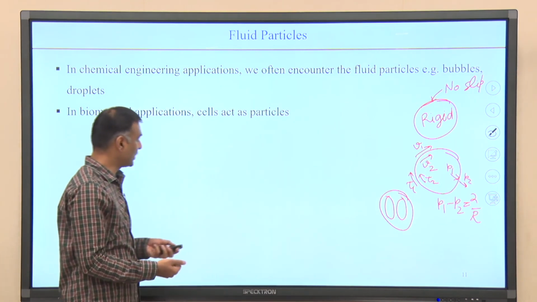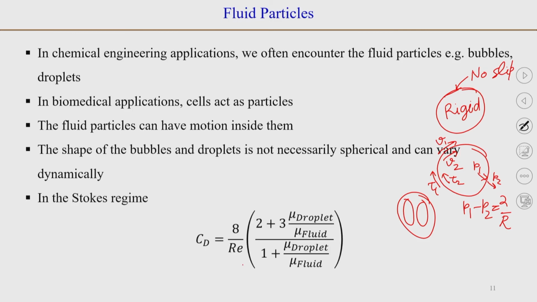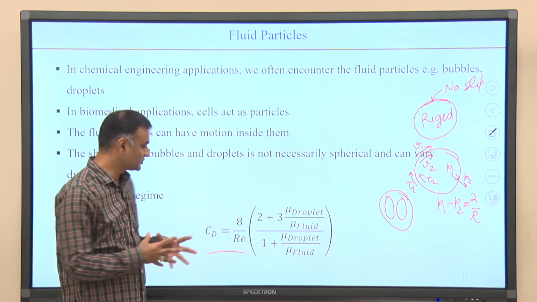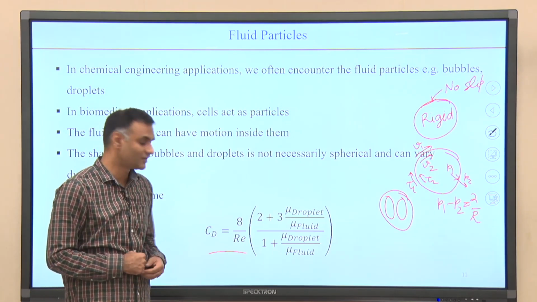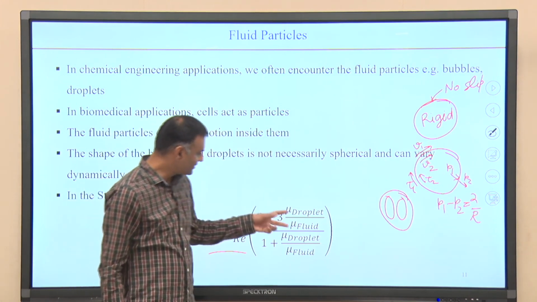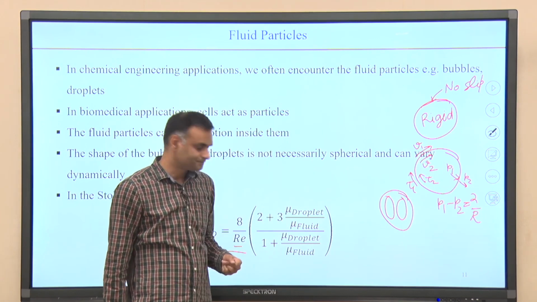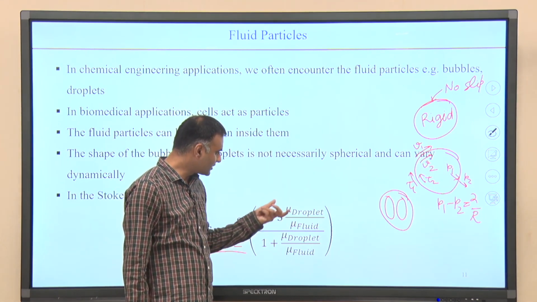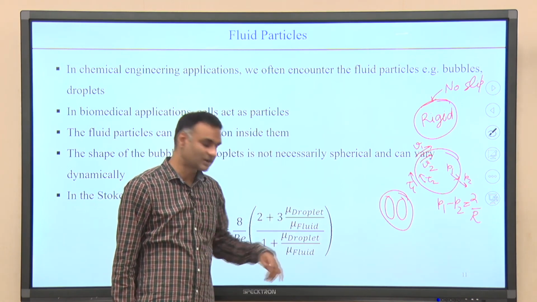So, for Stokes flow, Hadamard-Rybczynski found a solution for droplets in the Stokes regime. So, this is the correlation for the drag coefficient. Actually, they have found the analytical solution for flow inside the droplet and outside the droplet, and from that one can derive the value of C d. You can see that, apart from Reynolds number, this is a function of the viscosity of the fluid inside the droplet and the fluid surrounding it.